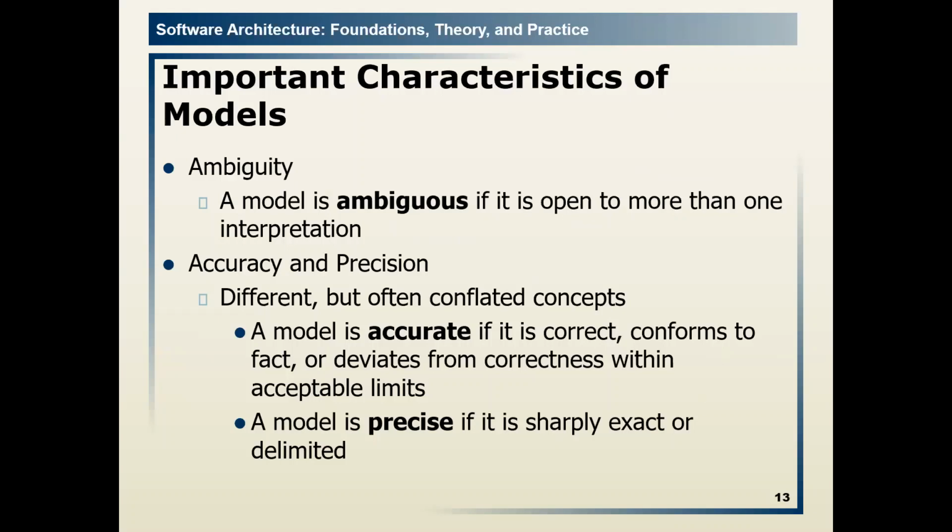Most often architectural models are drawn at a very high level. High level means without much details. When all the details are not there, then in the later stages, the designers will decide.